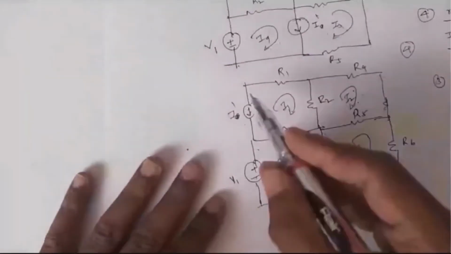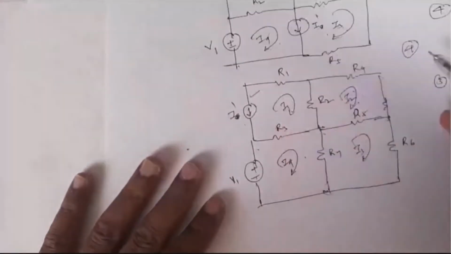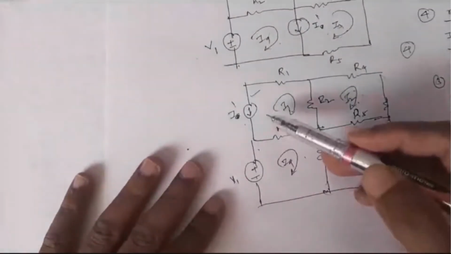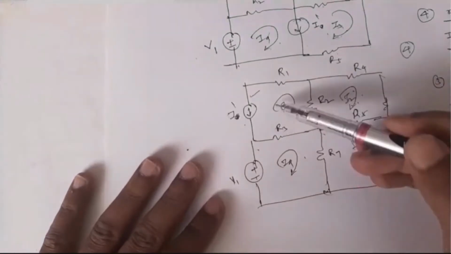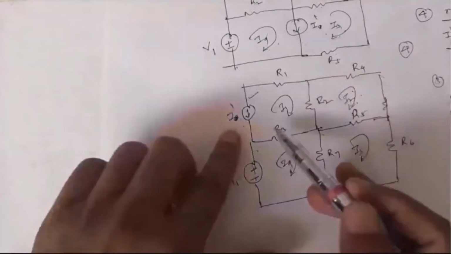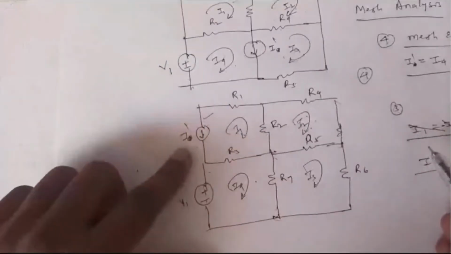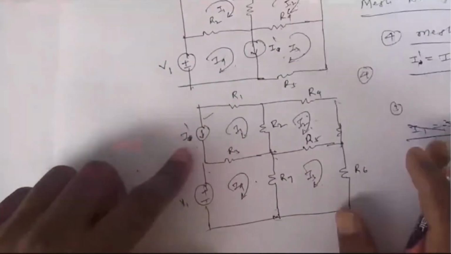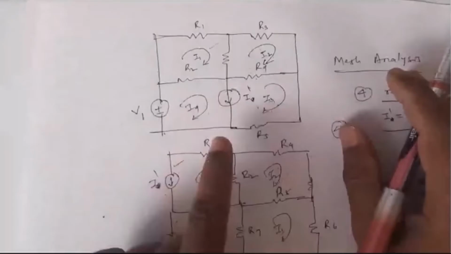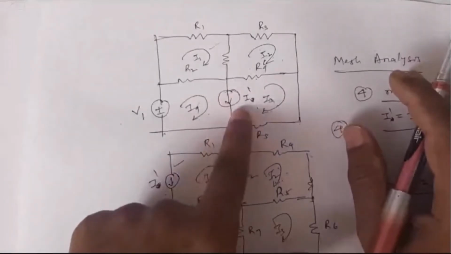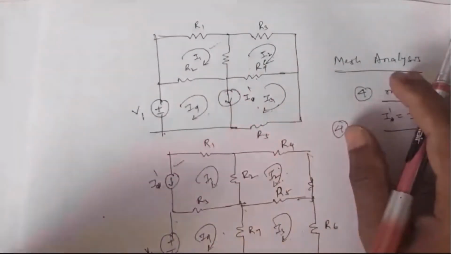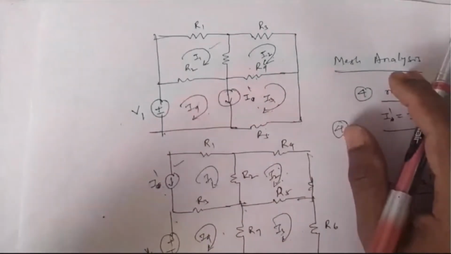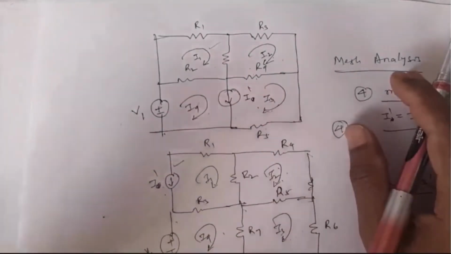Remember, dear students, if the current source is only in one mesh, there is no problem, because directly we'll get the value of that current source. Whereas when the current source is in between two meshes, there is a problem. As I told, two methods are there. One method is considering the unknown voltage across that particular current source and solving further.